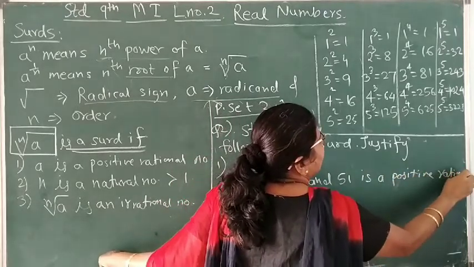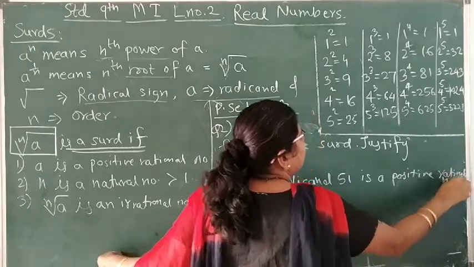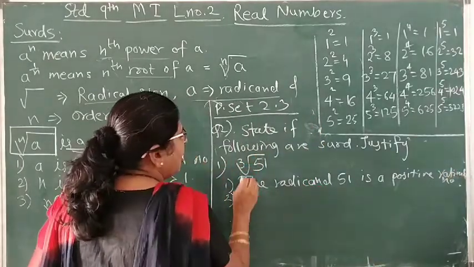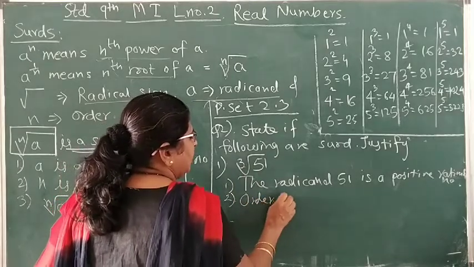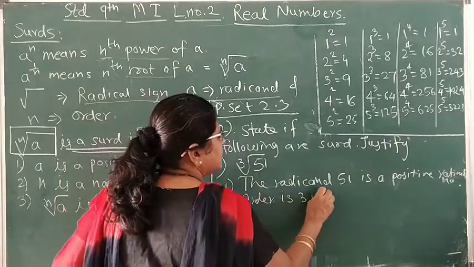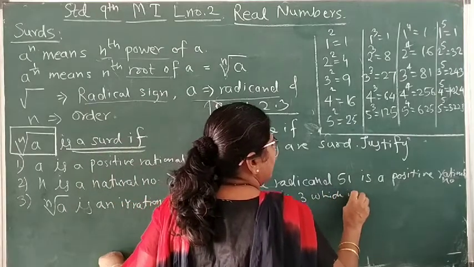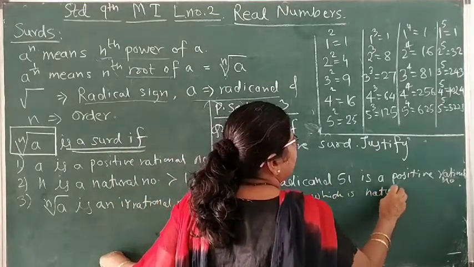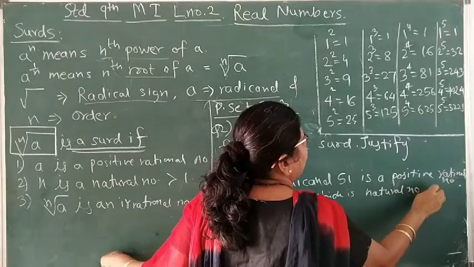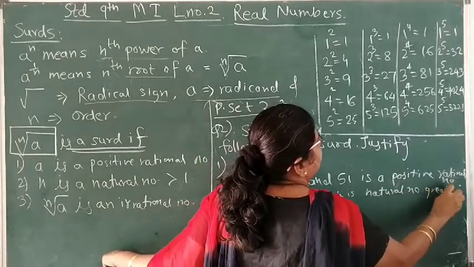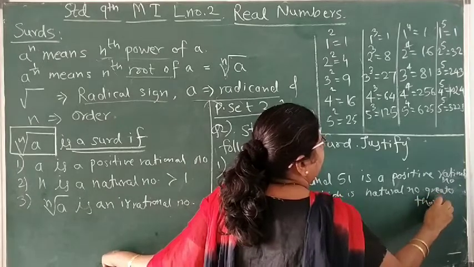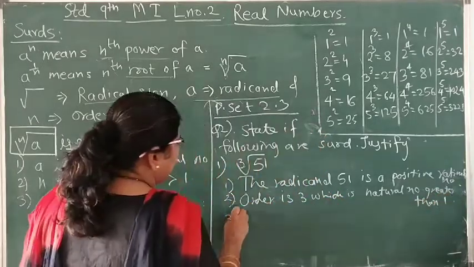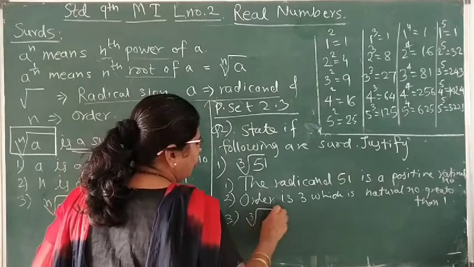Number 2, the order is 3, which is a natural number greater than 1. And the third thing, cube root of 51.